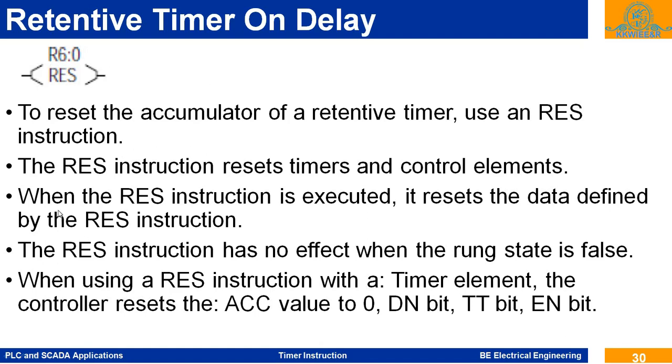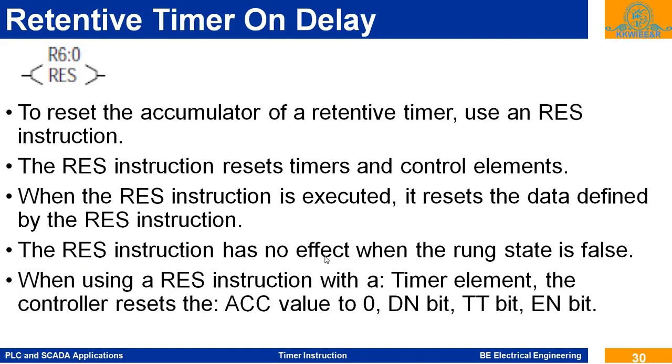So when the reset instruction is executed, it resets the data defined by this instruction. Okay, so the data or address given to the reset instruction, it will reset that particular retentive timer.